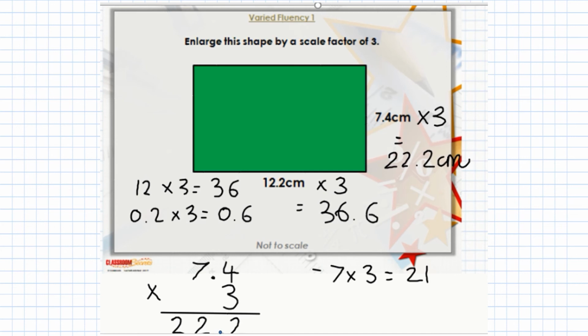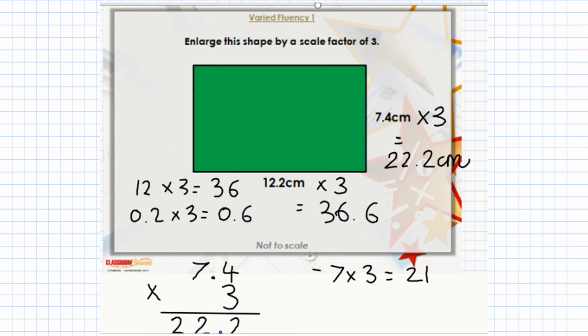So I've shown 2 different methods here. To do 12.2 multiplied by 3, I've broken that into 12 times 3 is 36, 0.2 times 3 is 0.6, and then add the 2 together, it gives me 36.6 centimetres.